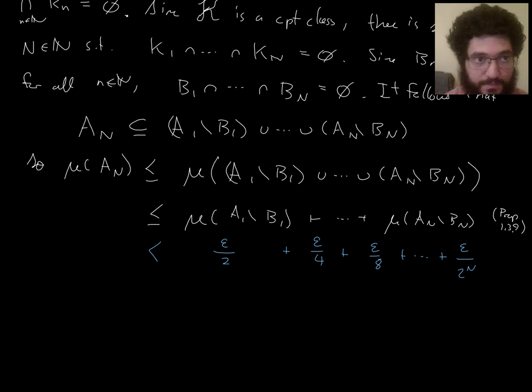then this is, well, you can rewrite it like this: epsilon times a half plus a fourth, and so on, which is definitely going to be less than if you took the series, right?